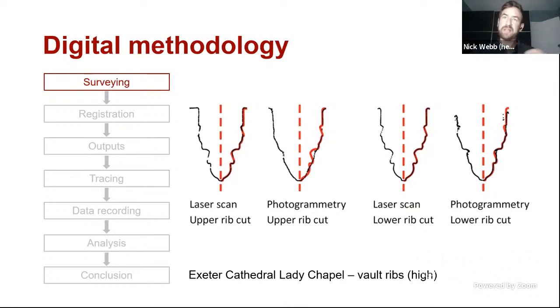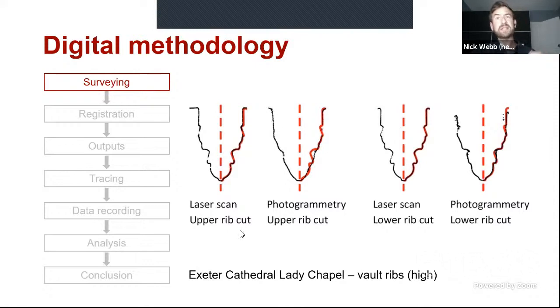So what we found from the laser scan version, which you can see in the far left image, is it's recording that rib profile pretty well. But the photogrammetry version, we weren't pleased with that at all. So the quality of the data is much worse. So for us, therefore, the way forward was to use laser scanning across all of our sites.